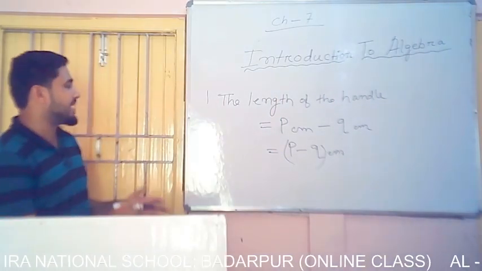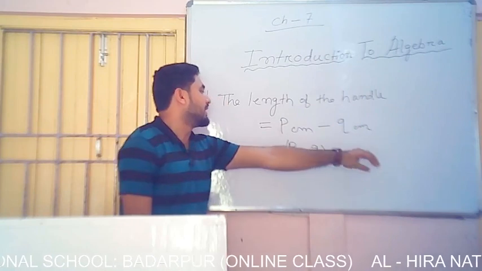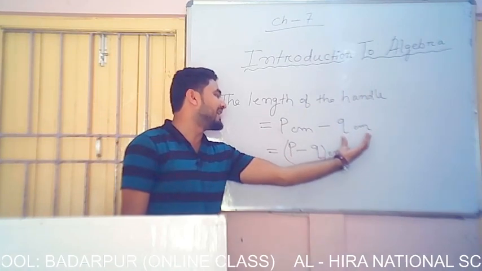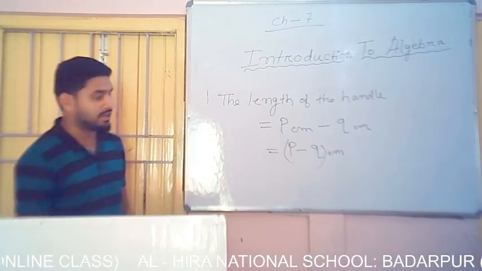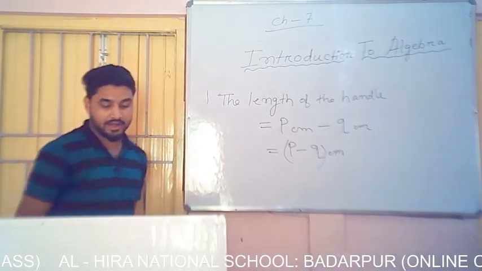That means if we subtract the measurement of the metallic part from the total part, then we will get the handle part. Then we will get the measurement of the handle.